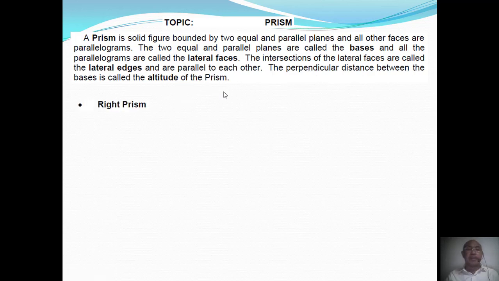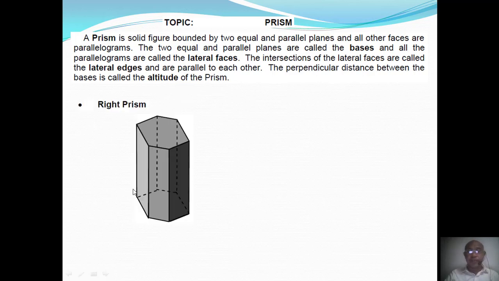If I draw a prism here, we have here the bases, and the perpendicular distance between the bases is what we call the altitude. The altitude is represented by letter H. These faces are called the lateral faces, and they are parallelograms.